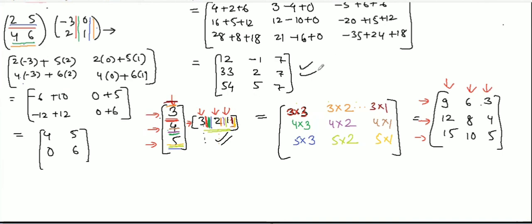Now matrix multiplication is possible if and only if the number of columns in the left matrix equals the number of rows in the second matrix.